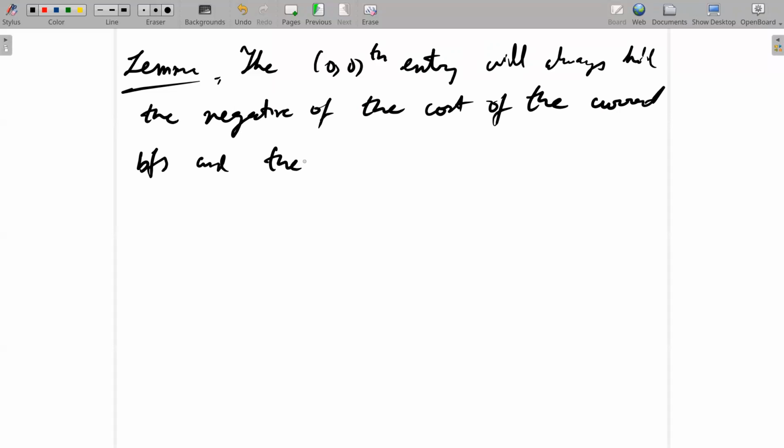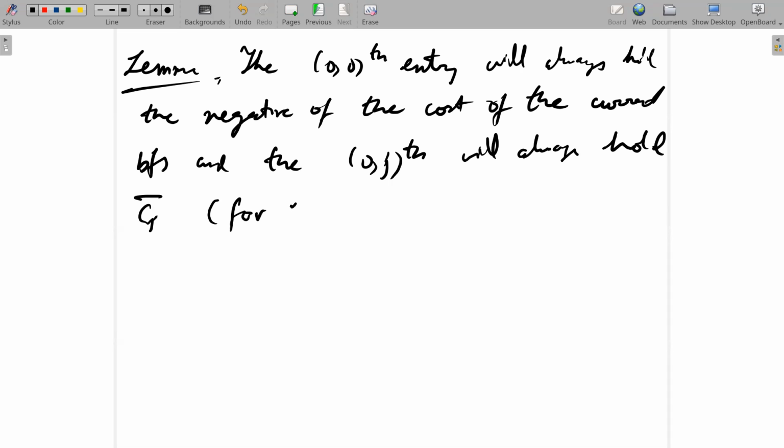I mean, this is just encapsulating whatever we have just discussed. So the 0jth entry will always hold Cj bar for j bigger than or equal to 1.